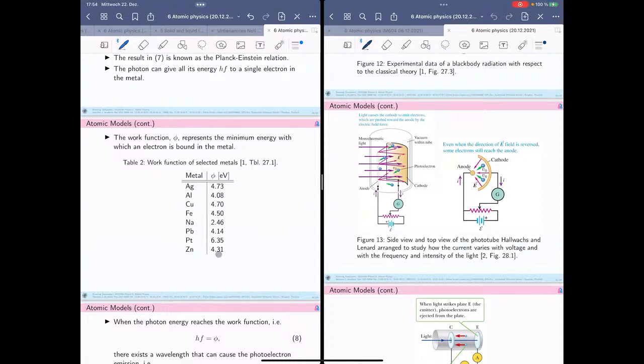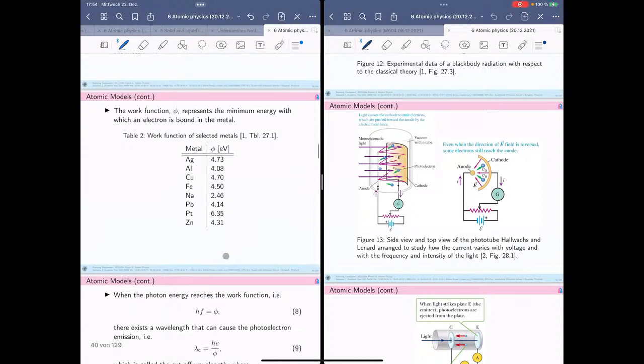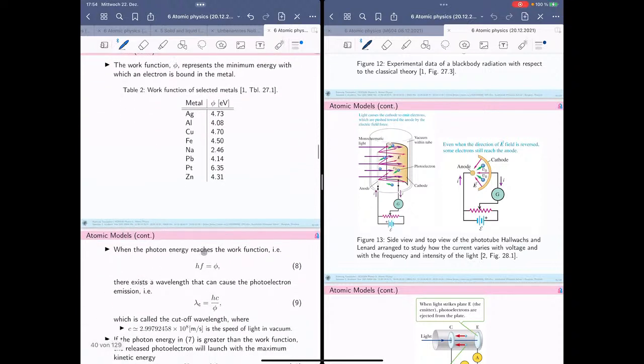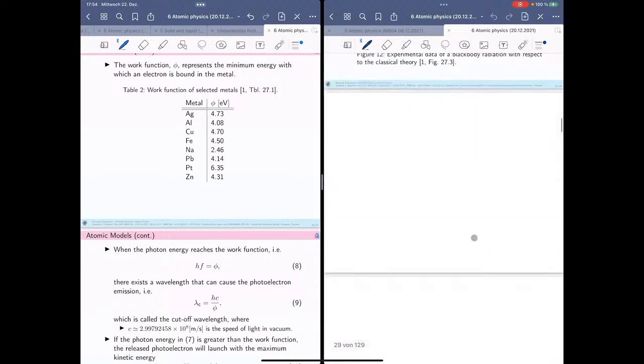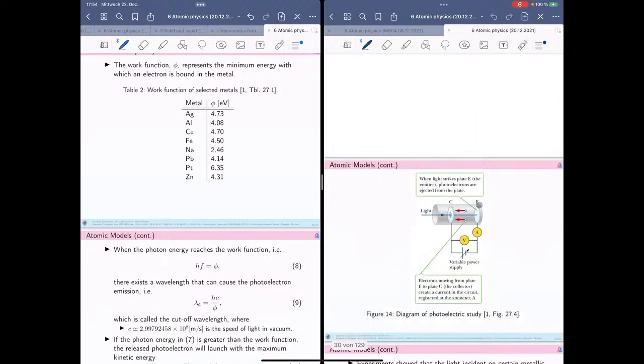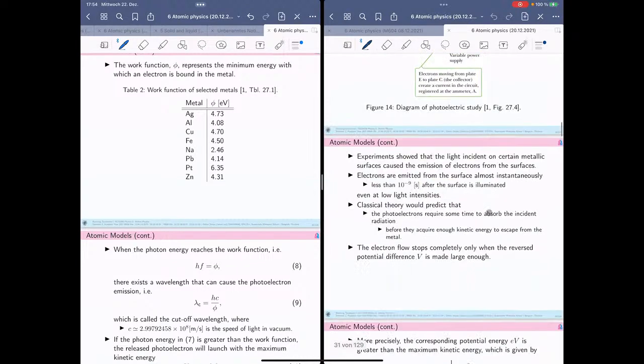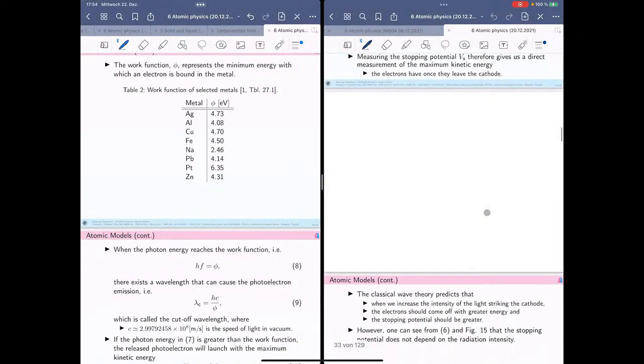And zinc has a comparable work function, which is 4.31. And when the photon energy reaches the work function, you know that photon energy has the Planck-Einstein formula, right? It's E = hf, right?